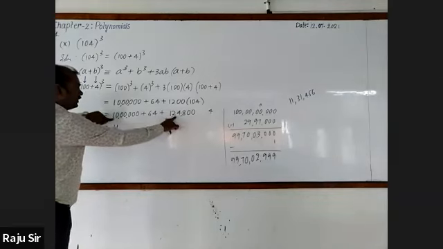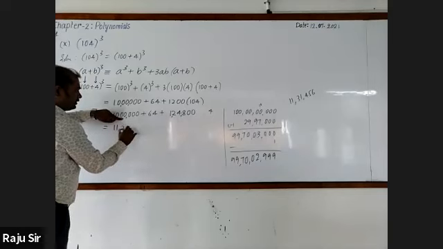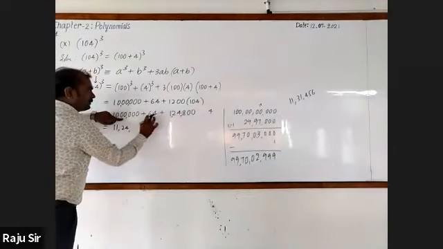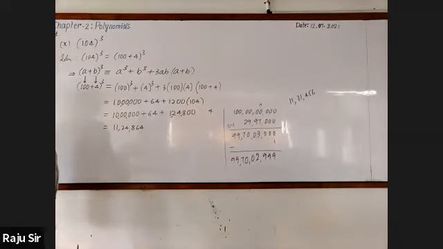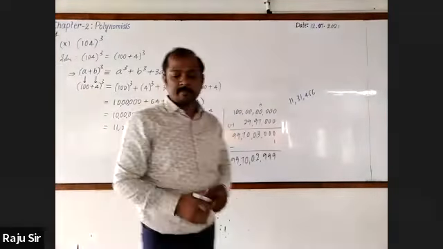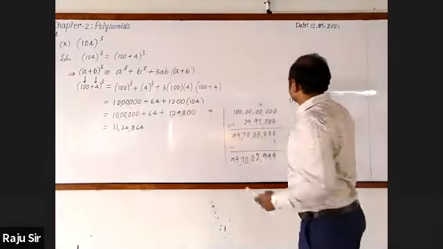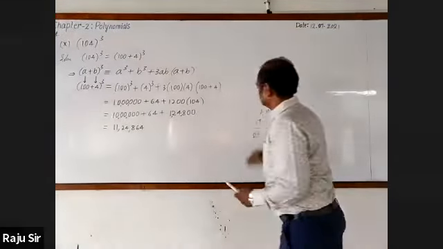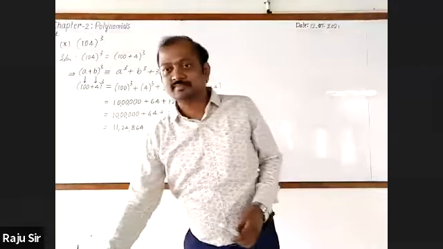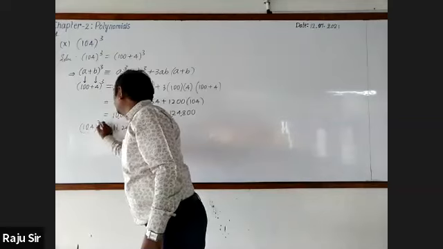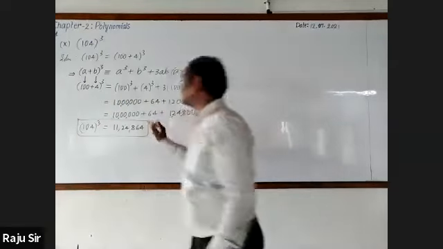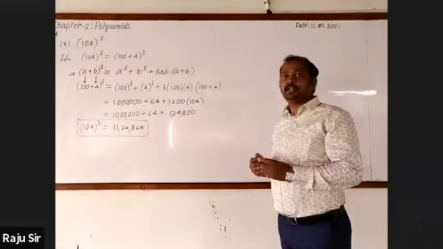Correct. 24,800 plus 64 is 864. Have you got same? Yes, sir. So 104 whole cube is equal to this one, 11,24,864.